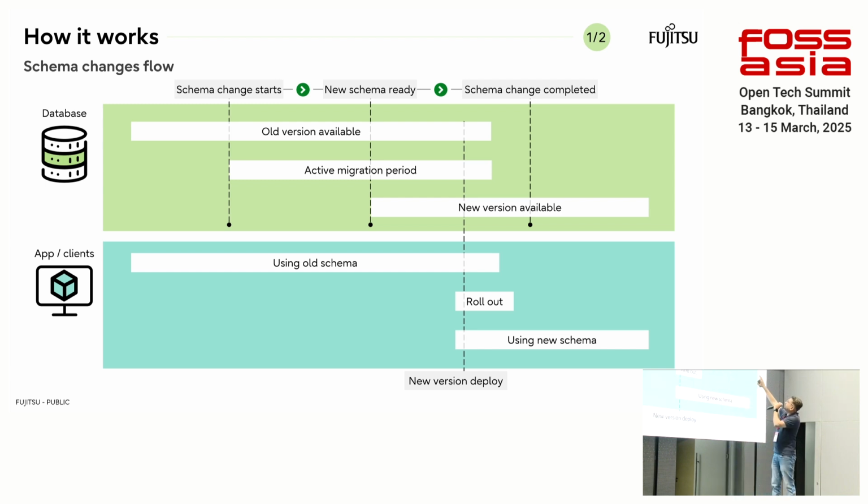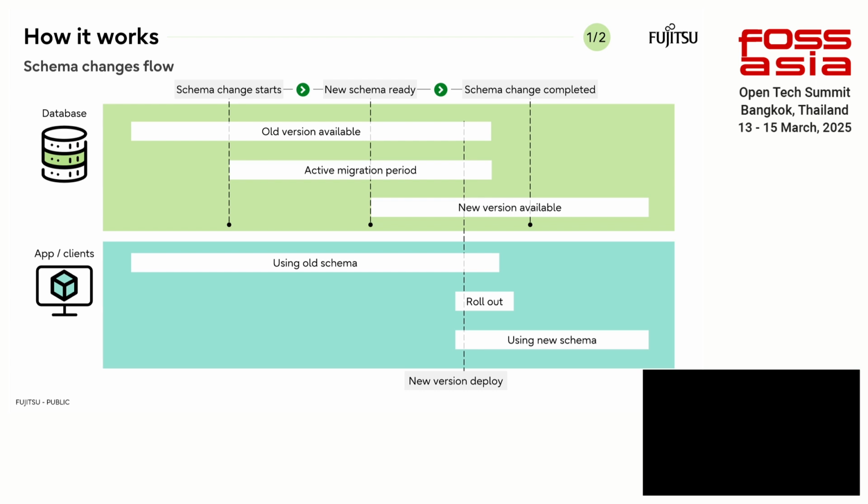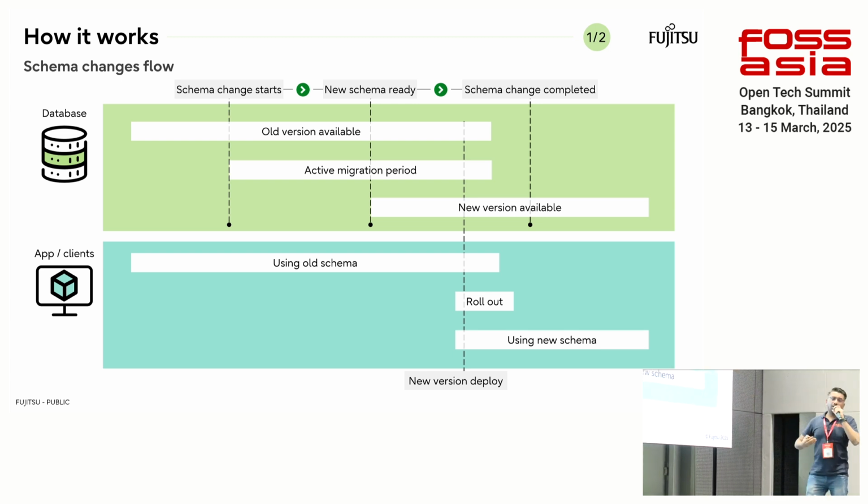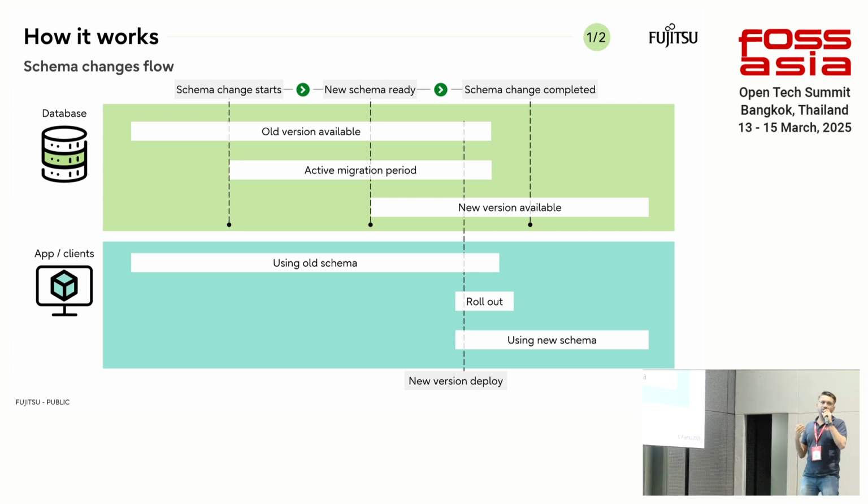Once we complete those schema changes, we can see that the older version of your schema as well as the new version of your schema is available for a temporary period of time. Now we are going to modify the application, which was utilizing the older version of your schema. Our application team develops all the changes and our new application is ready to roll out.